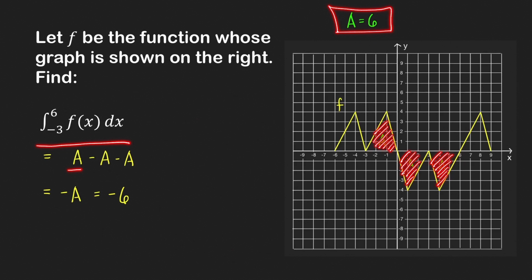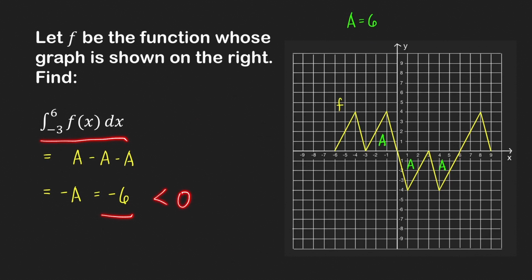We can also write that as minus A and then minus A, because these two triangles are below the x-axis. Therefore, we obtain negative A, and since A is equal to 6, we have -6 as the value of our definite integral. As you can see, the value is negative because we have more area below the x-axis than above the x-axis.